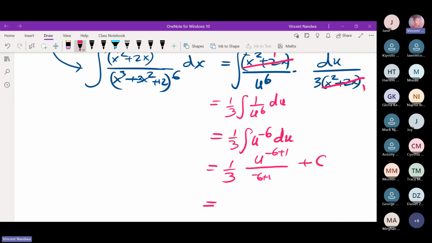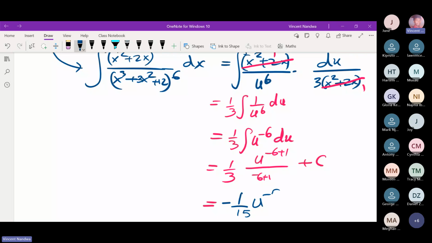So this signifies a third times u to the power of 1 over 5 minus 5, so negative 1 over 15.